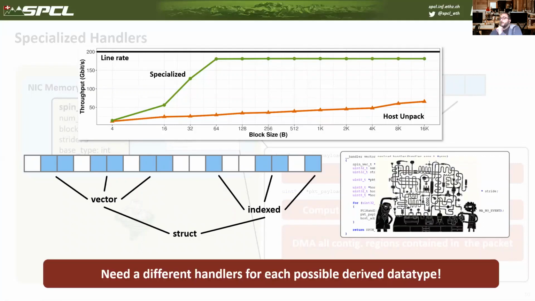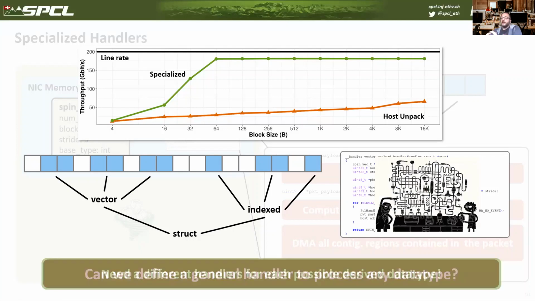So now, the question is, can we have a general handler that we can use for any data type, in a way such that the user doesn't have to write their own handler for each data type? And obviously, we want a solution that also approaches the performance of the specialized handlers.